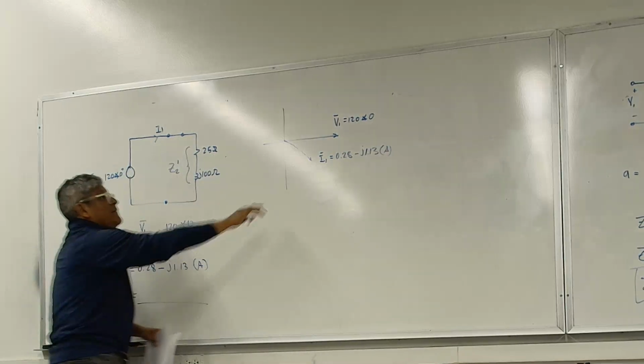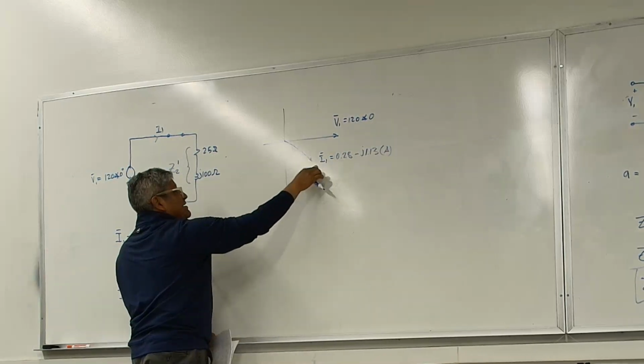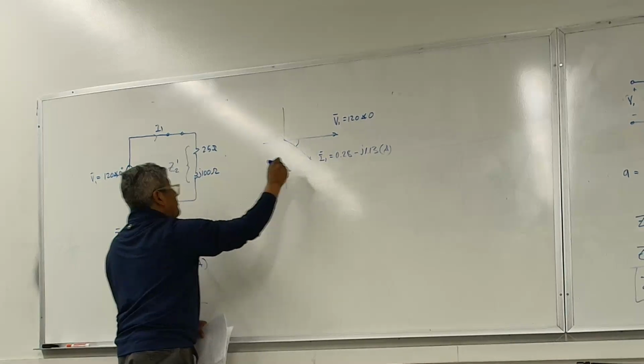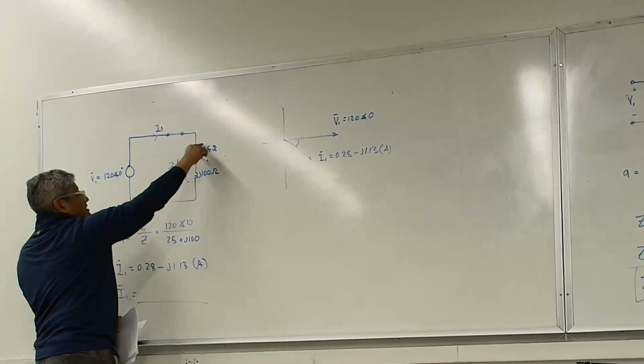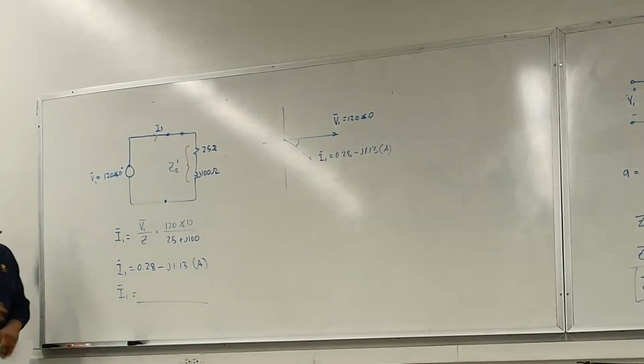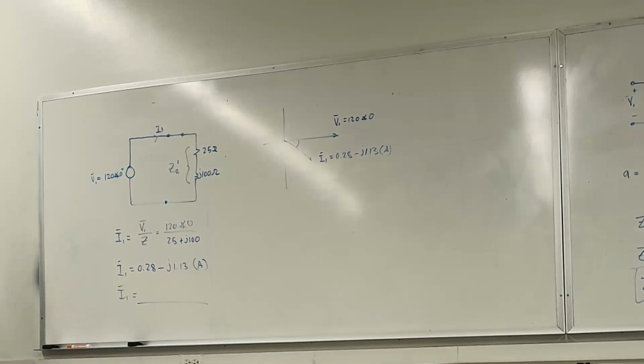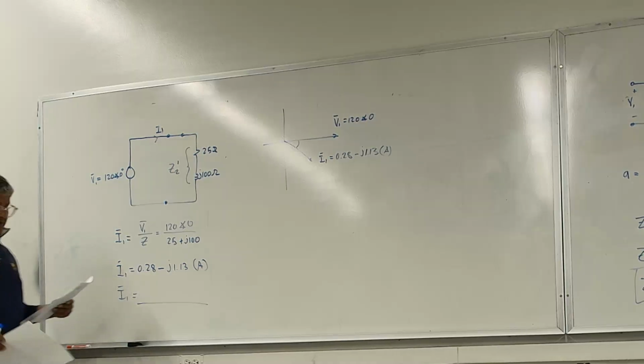We have the current lagging the voltage by some angle, because it is a resistive inductive circuit, not purely inductive, not purely resistive, but a combination of. So that's it. That's pretty much the answer when you're dealing with ideal transformers.